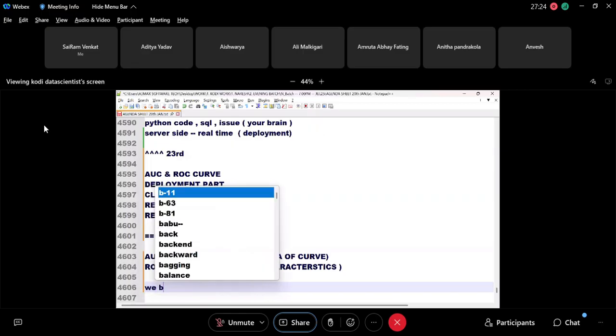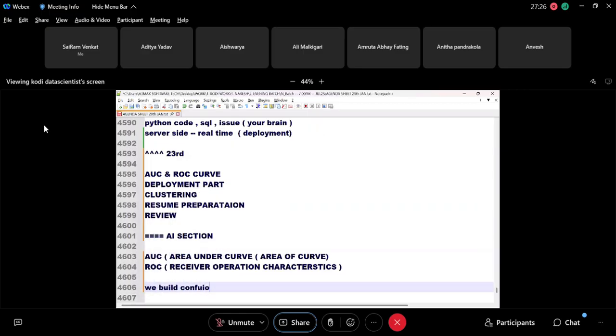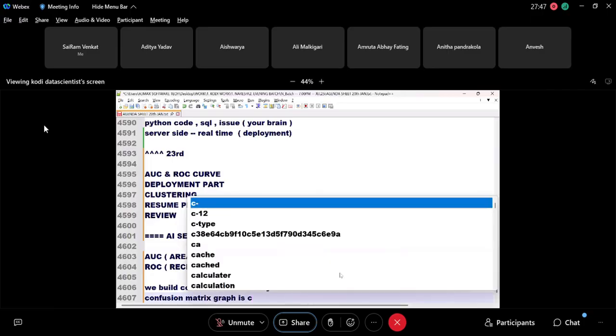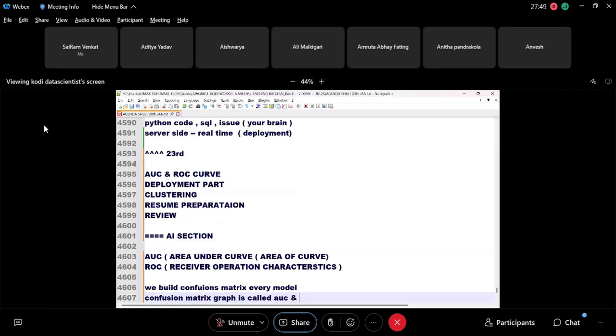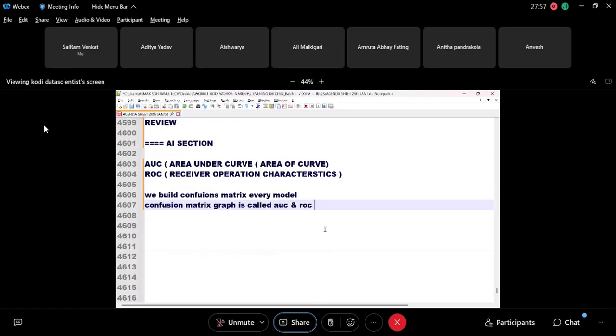We build a confusion matrix on every model. In real time, your boss can't understand these matrices. You have to show the graph. So the confusion matrix graph is called the AUC and ROC curve.